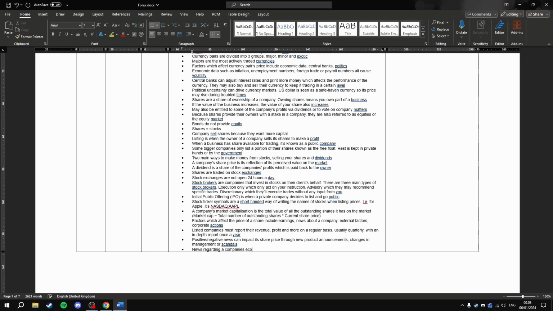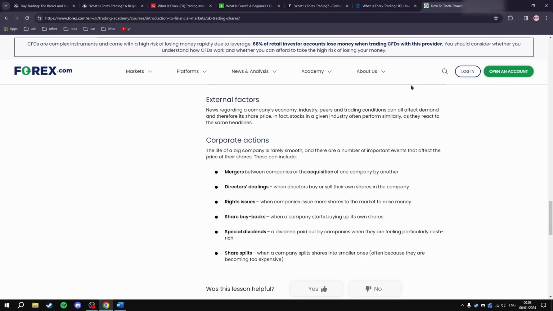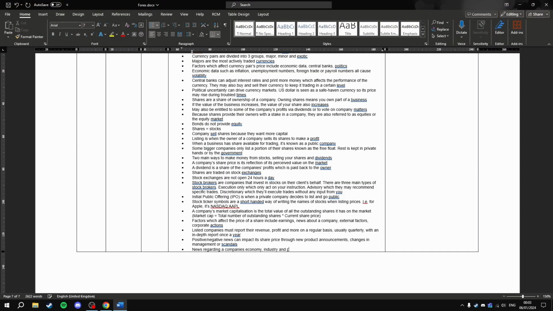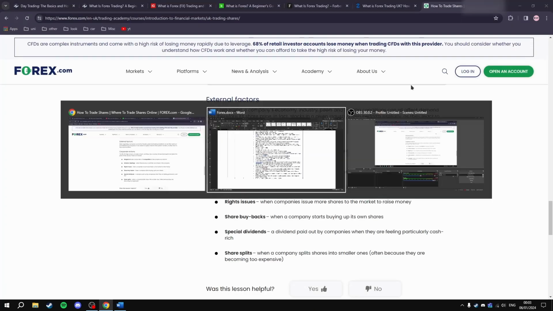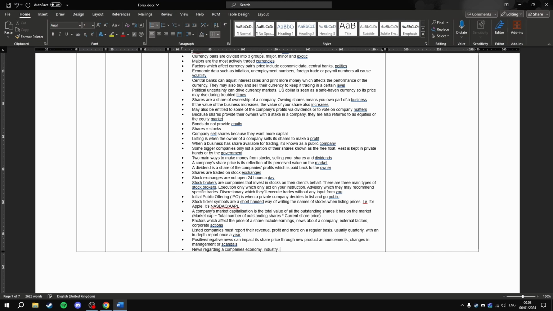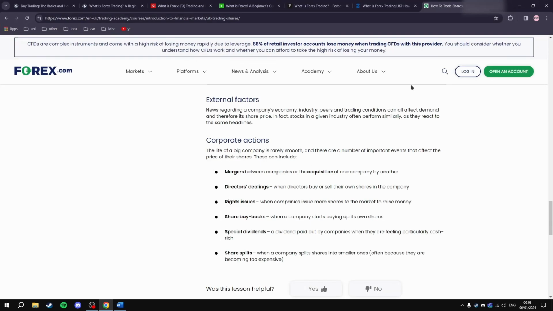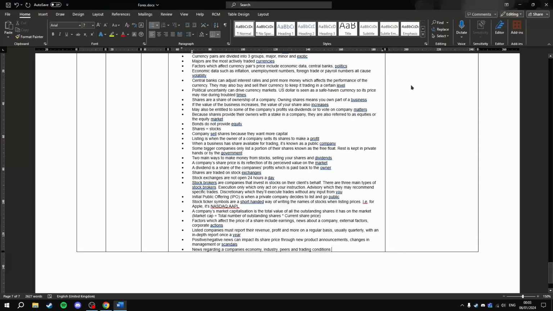Companies, economy, industry, and peers. Peers and trading conditions can all affect demand.